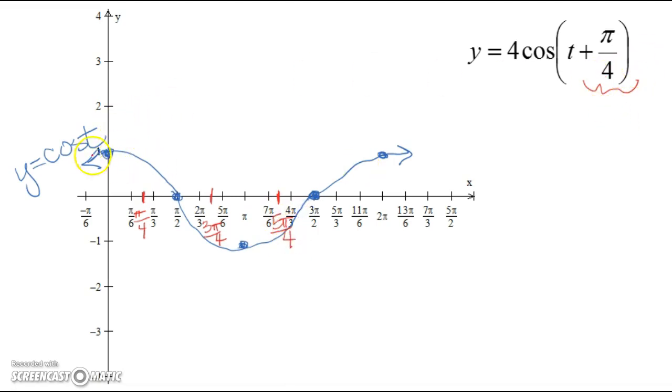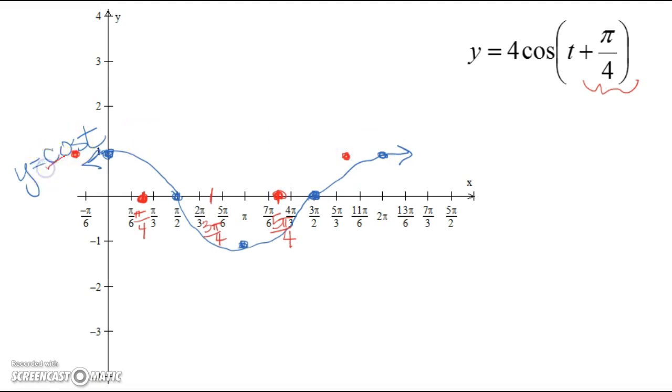So it's going to take each of these points and just move them horizontally pi over 4 to the left. So I'm taking each of these points that we have graphed here and I'm moving them pi over 4 to the left.